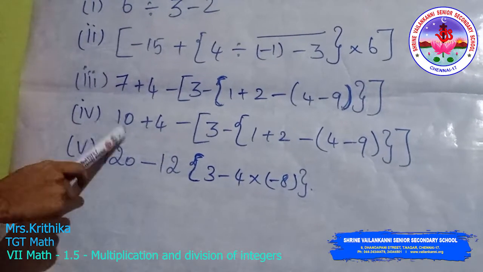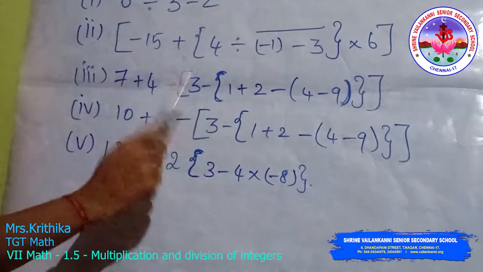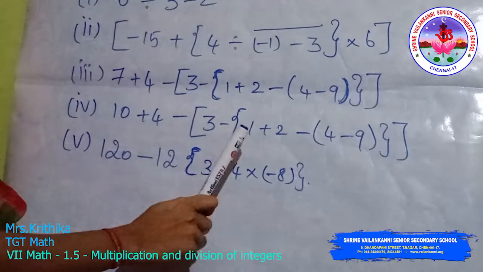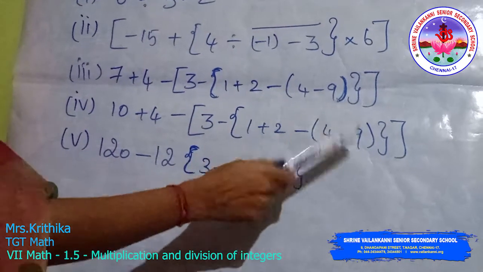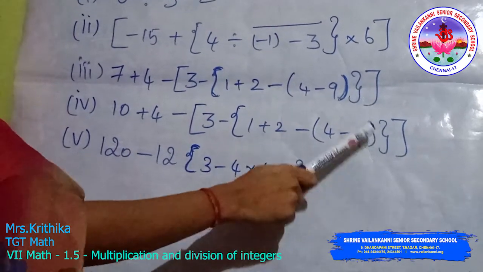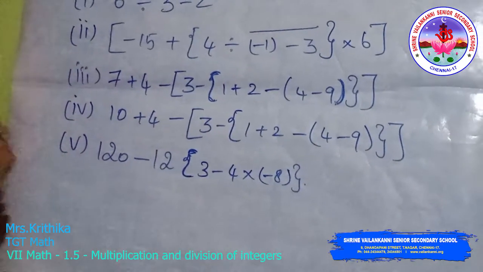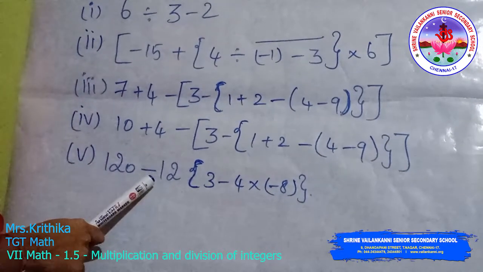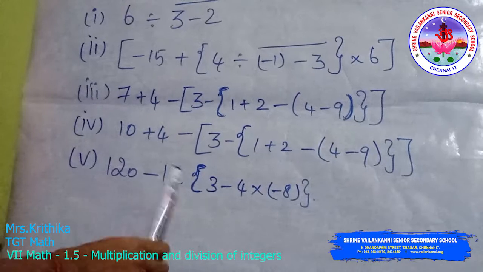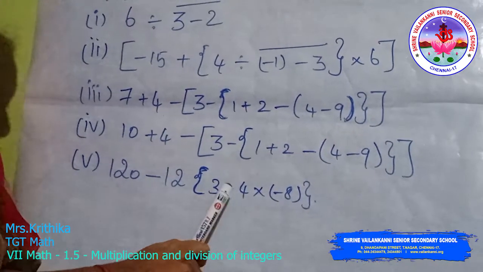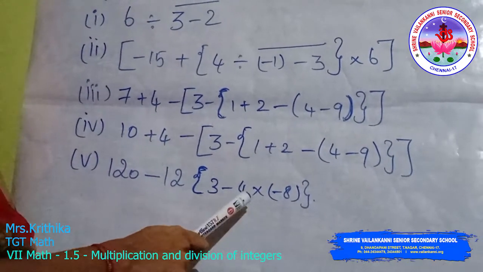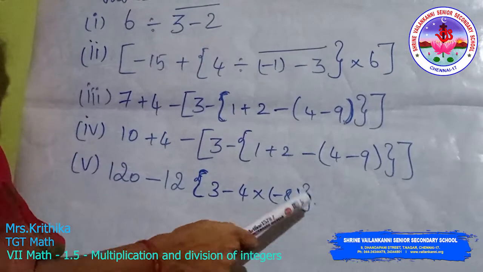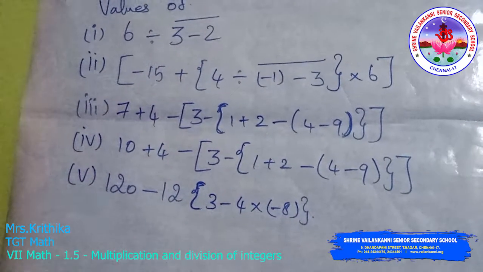Fourth question, 10 plus 4 minus of 3 minus of 1 plus 2 minus of 4 minus 9, close all the brackets. Fifth question, 120 minus 12 of 3 minus 4 into minus 8, close the bracket.